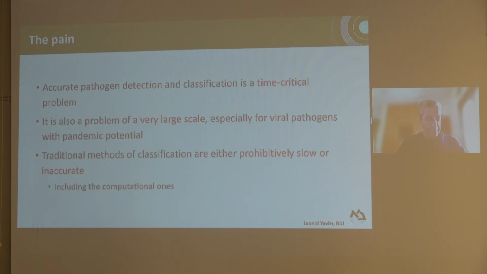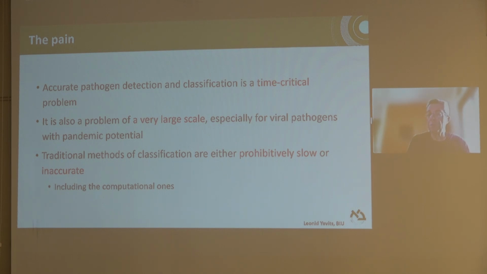So to summarize the pain, accurate pathogen detection and classification is a time-critical problem, both in viral pandemics, when we talk about a viral pathogen, and in antimicrobial resistance in all kinds of blood infections, in all kinds of bacterial infections in general. Again, time-critical.